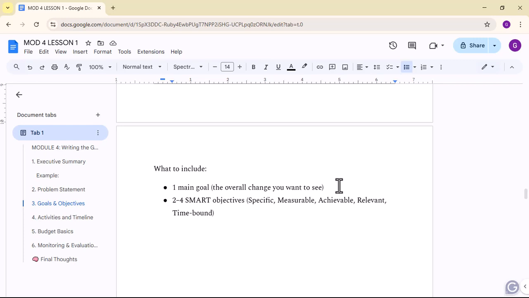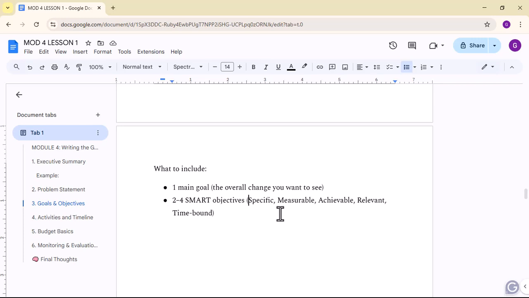And then when you talk about your goal, you then talk about 2 to 4 SMART objectives. The word SMART is an acronym for specific, measurable, achievable, relevant, and time bound.